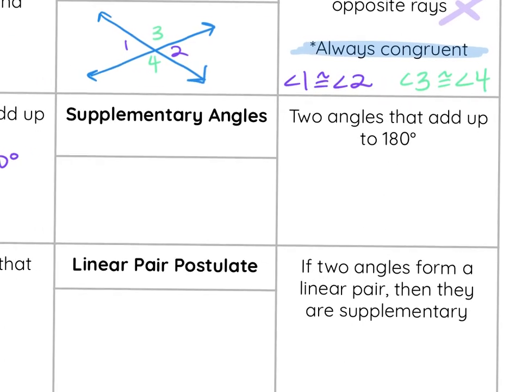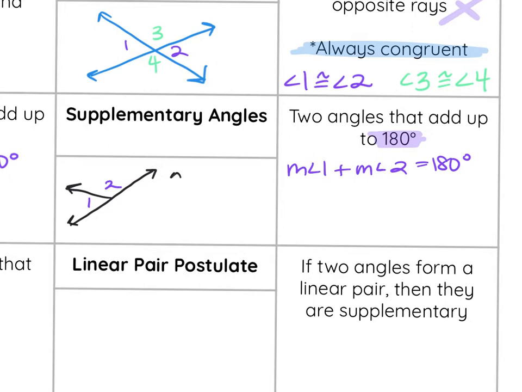All right, supplementary is similar, except now we have 2 angles that add up to 180. Again, they can be next to each other. Supplementary 180 is a line. So they might look something like this, where we have 1 and 2. Because they form a line next to each other, we know those 2 add up to 180.